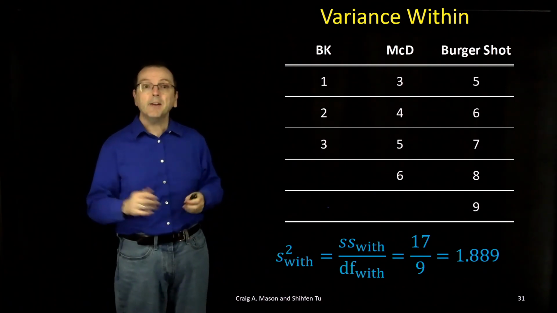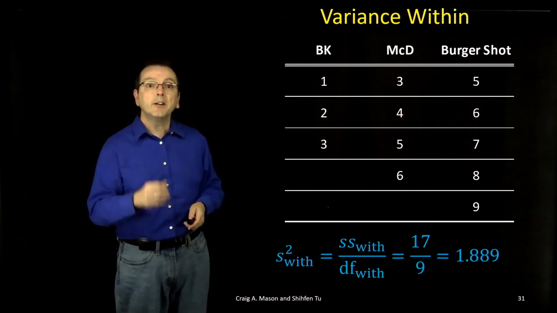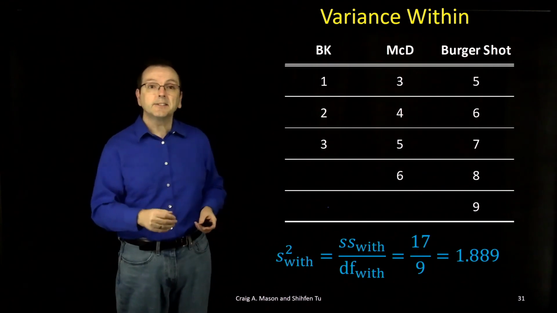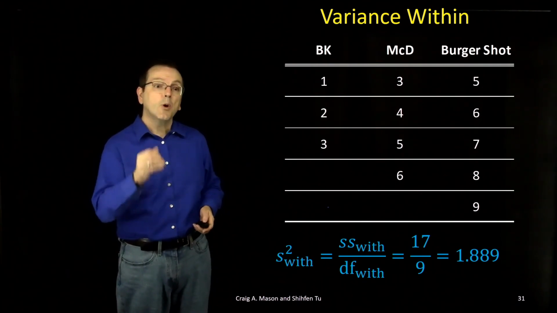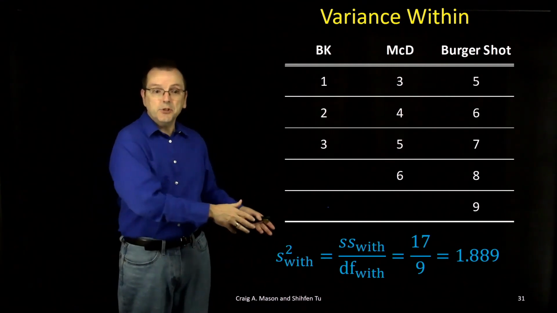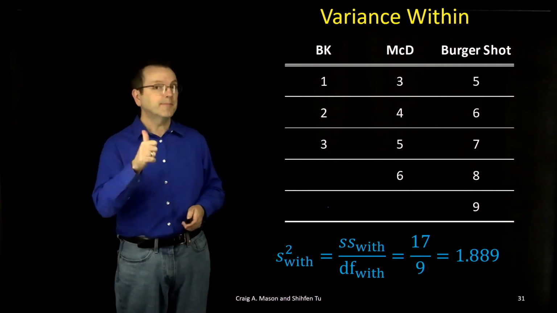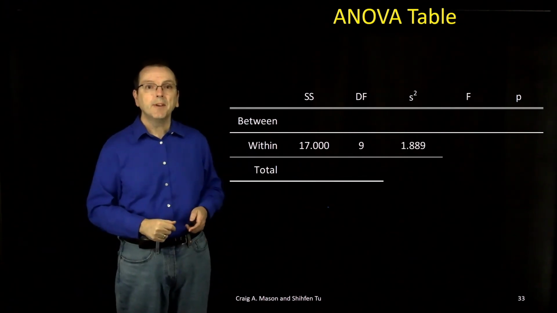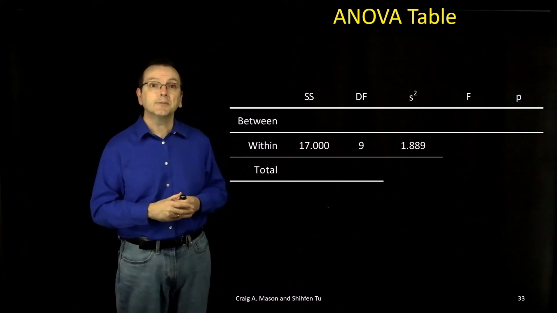And we get it by dividing the sum of squares within by the degrees of freedom within. In this case, that's 17 divided by 9, which gives us 1.889, which is our within groups variance, or s squared within. All right, so let's put that into our ANOVA table, and we've completed all of the within group calculations.